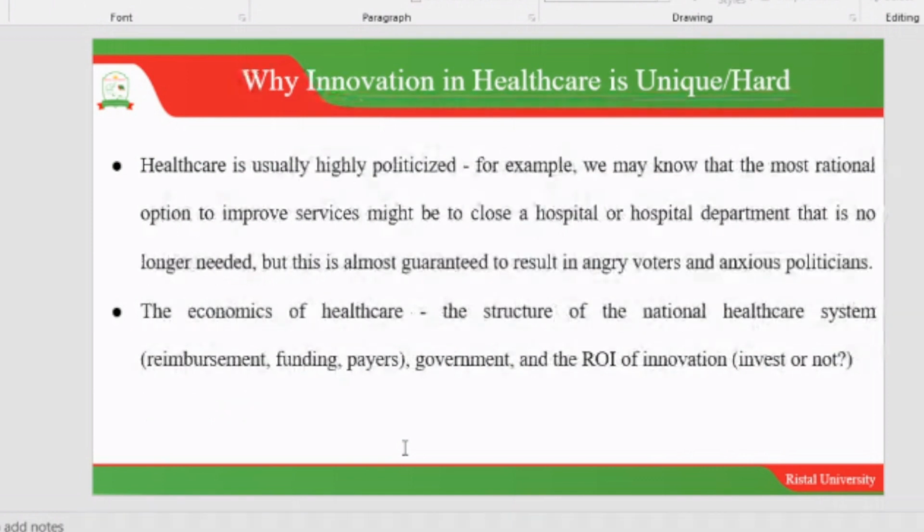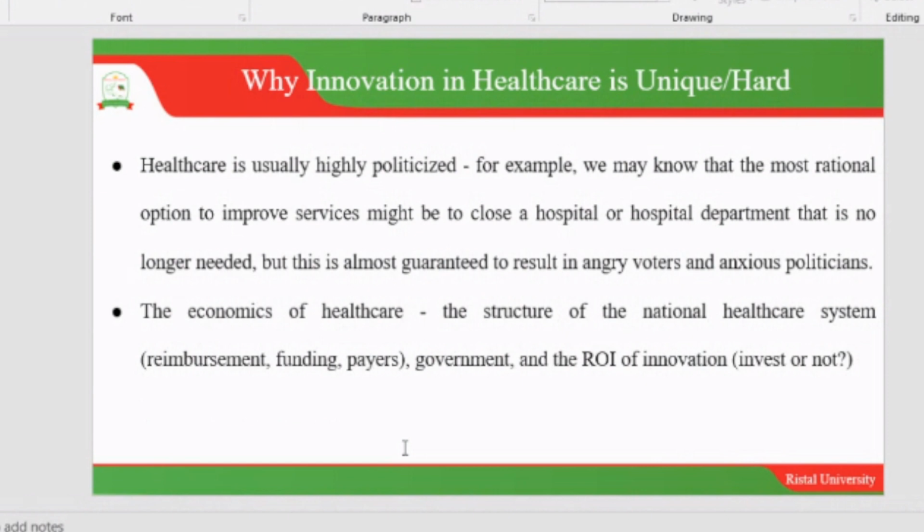Okay. Then we also know that it is highly politicized. For example, if you know that the most rational option to improve services might be to close a hospital department so that you can divert those resources into other hospital departments which are more important, this can result in angry voters and anxious politicians, causing a lot of fracas.